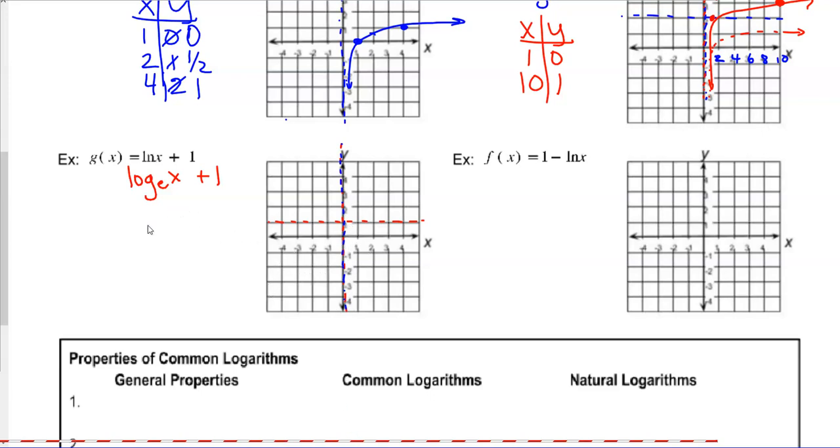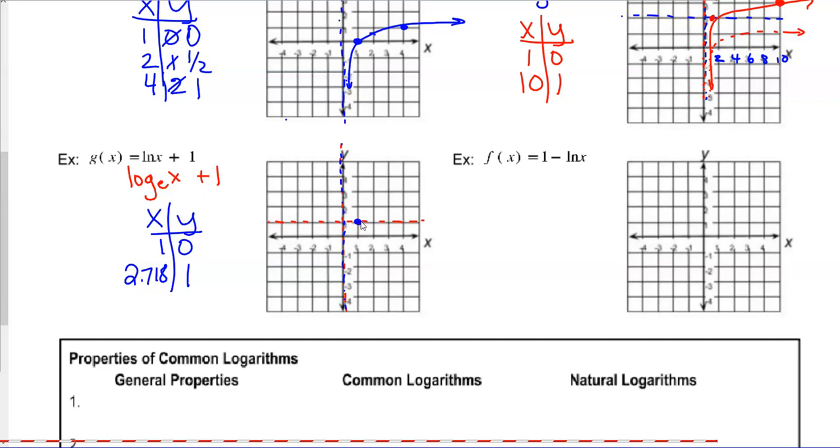And so we have to remember our key points on the natural logarithm. Remember, that's what it is with the base of e. I always have the point 1, 0, but then my 2.718, which is approximately e, is my base, comma 1. So these are my guiding points whenever I'm now shifting it up 1. Here's my new origin. If I go over 1, 0 from there, I get this point.